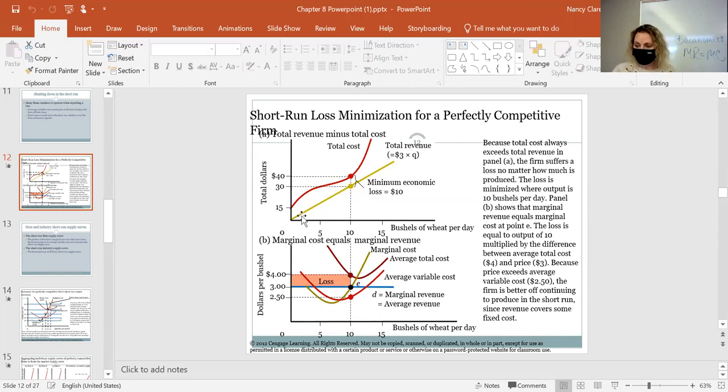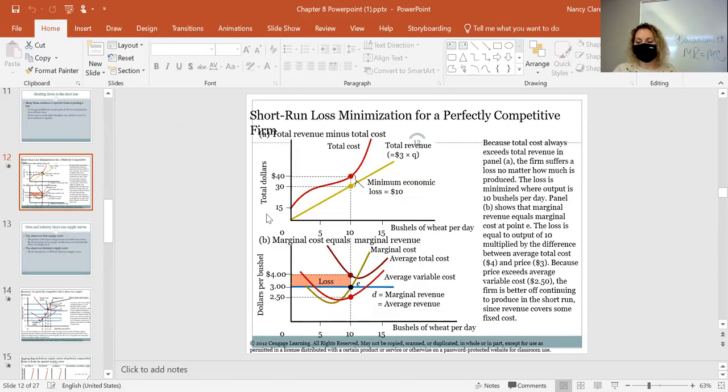You can see that there is no point on this graph where your cost dips below your revenue. This is all losses for you, all losses. Your goal when you're experiencing all losses just has to be to try and minimize those losses.